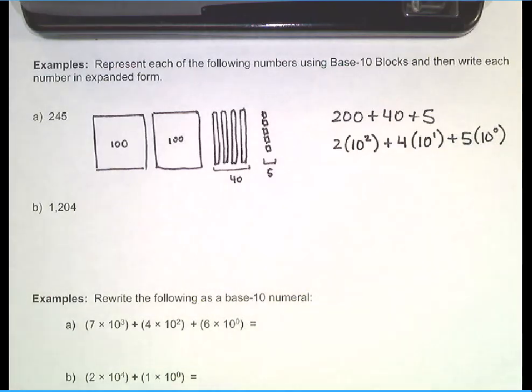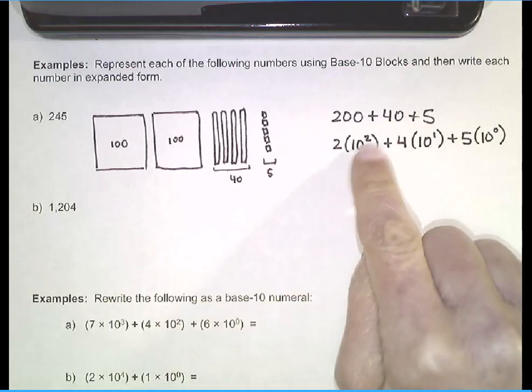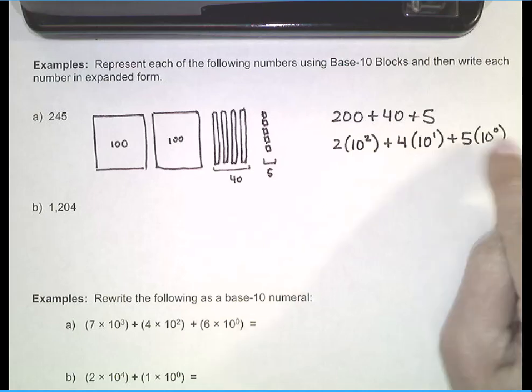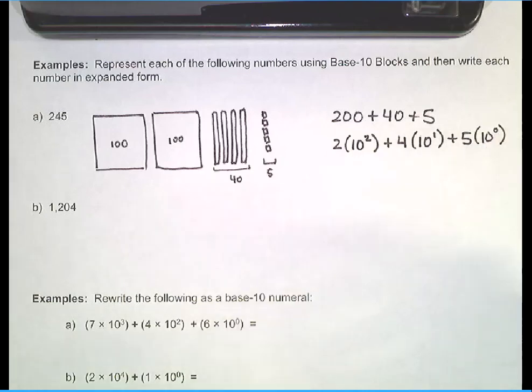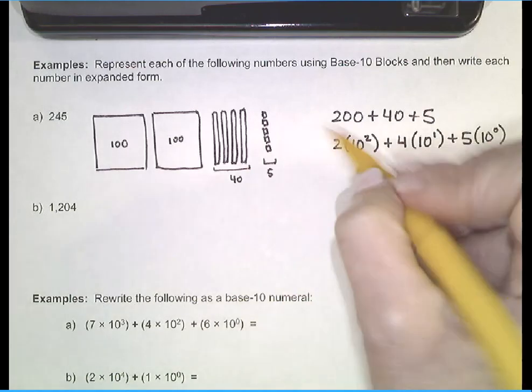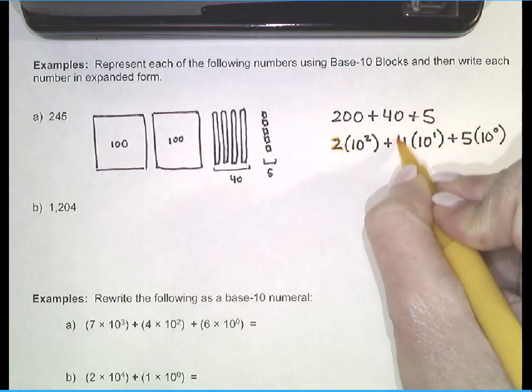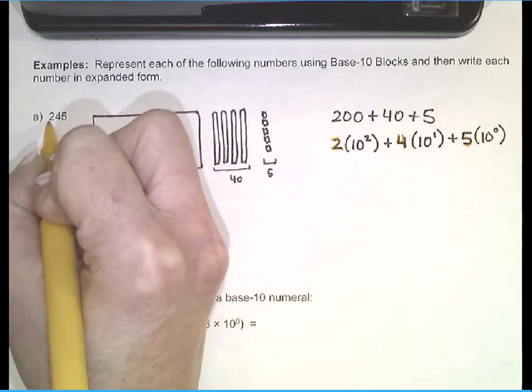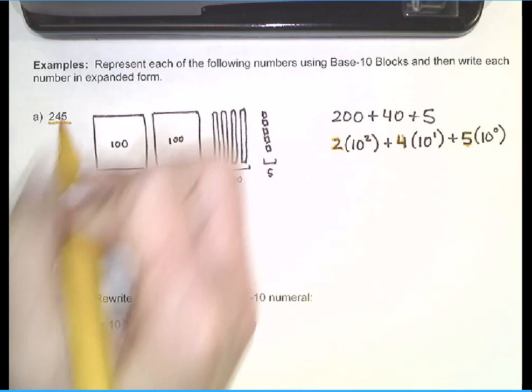And so this is supposed to kind of drill into your head the exponent. So 10 squared is 100, 10 to the first is 10, and anything to the 0 power is 1. So that's how we say ones, 10 to the 0 power. So do you see how it's literally a 2, 4, and a 5, which correlates to the 2, 4, 5 that's over here?